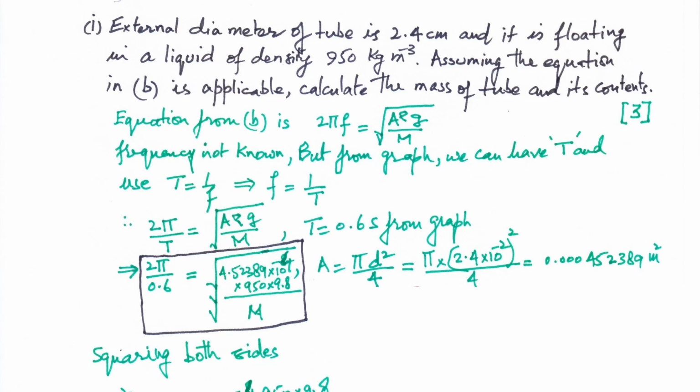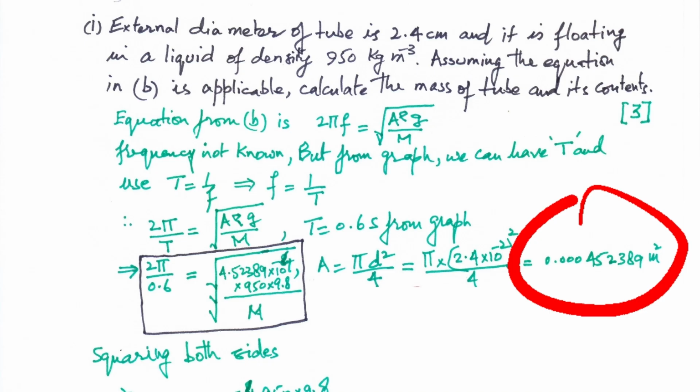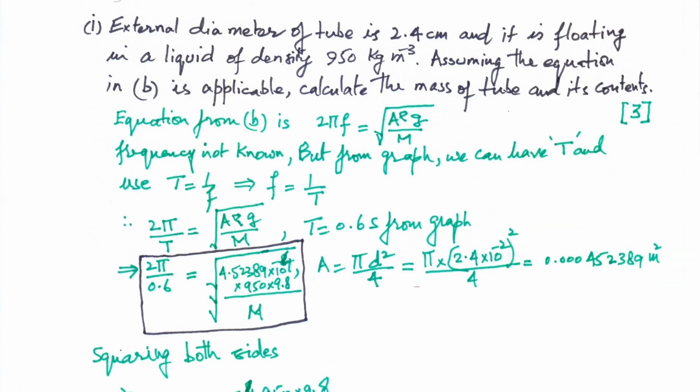Both of the values are the same, that is 0.00452389. I have written it in standard form while putting the values in the formula, 4.52389 into 10 power minus 4, and then use the calculator.